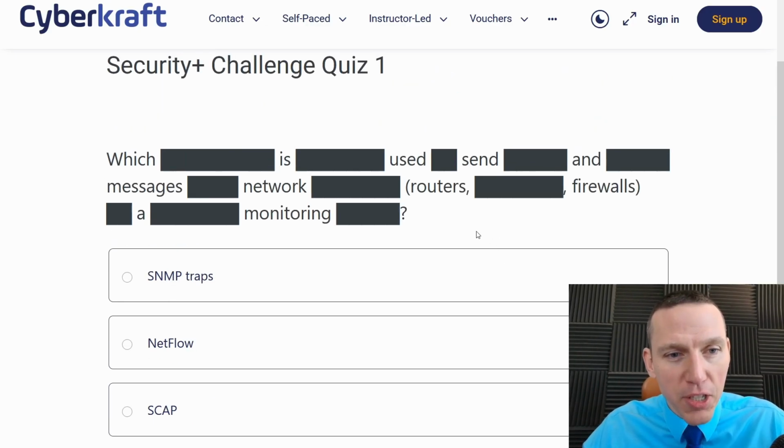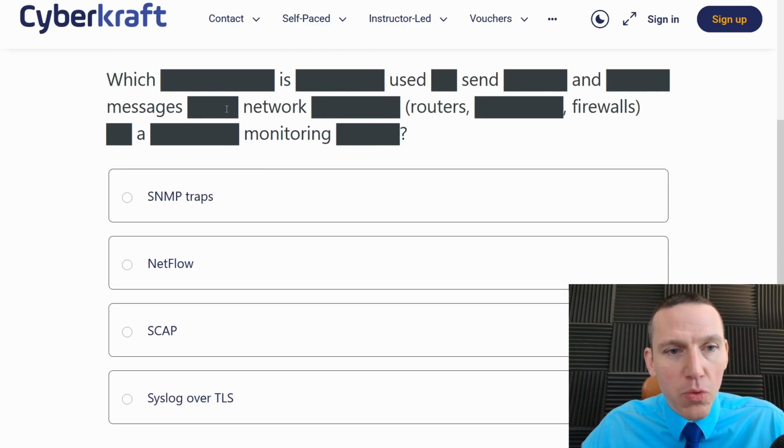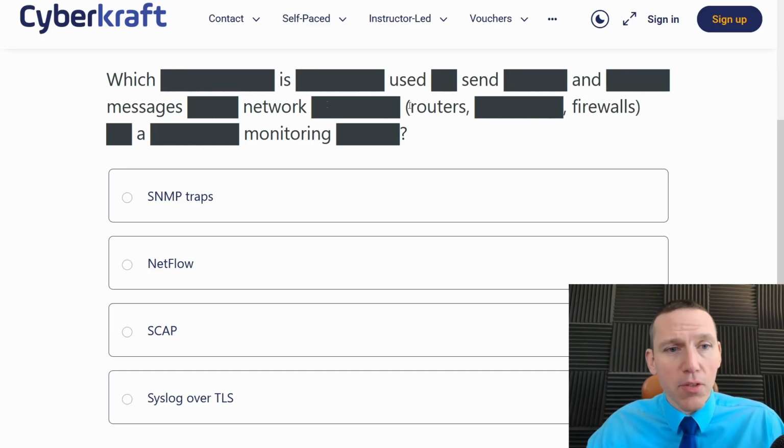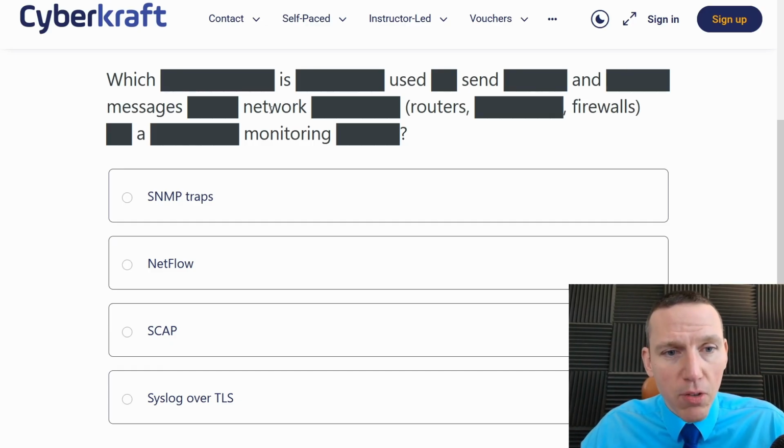Okay, so which something is used, is something used, probably to send packets, maybe, and something else, messages to network nodes, routers, switches, and firewalls, probably, to a blank monitoring. Okay, maybe to a central monitoring hub.